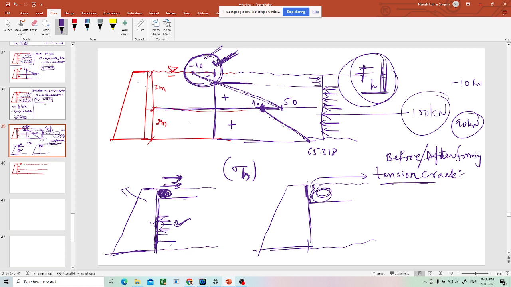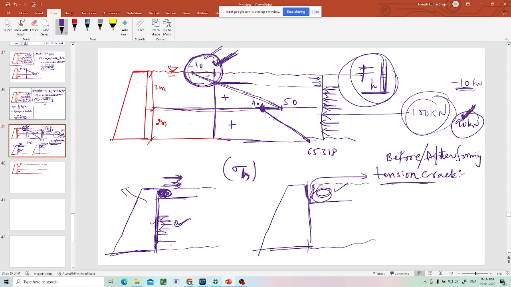If you consider this tension zone, then you are actually on the unsafe side. After formation of the crack, what is the net force? You will neglect this, you will have only 100, you will not deduct the 10. So after formation of the crack is the maximum force, by which people design this.